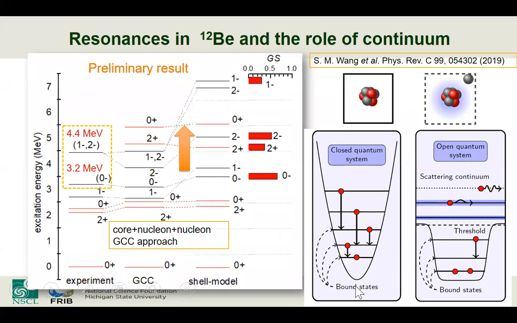But in the Gamow coupled channel approach, a more realistic potential has been used for the valence neutron and the core, and the coupling to continuum effect can be included in this calculation.